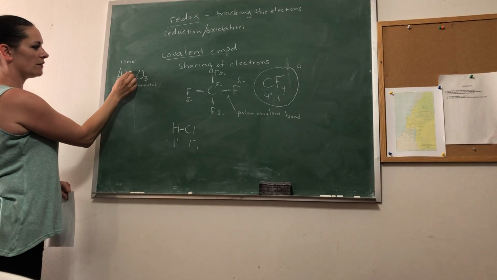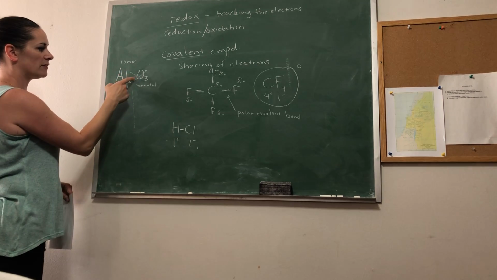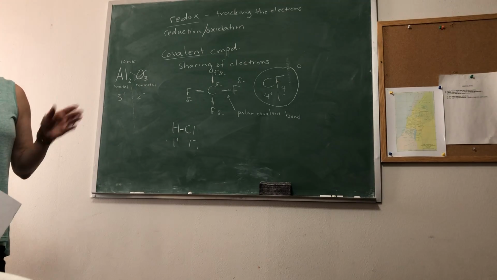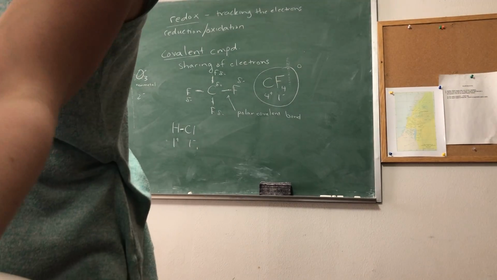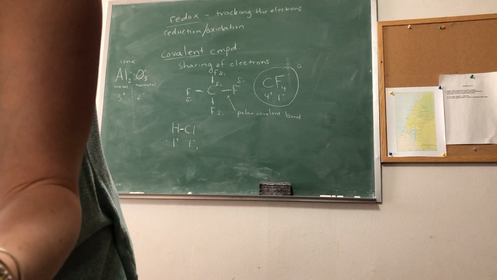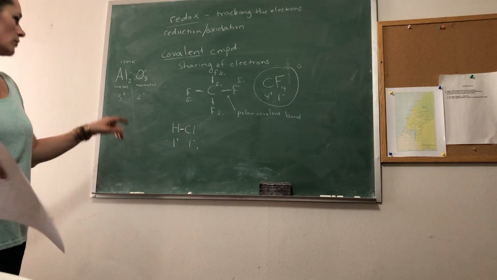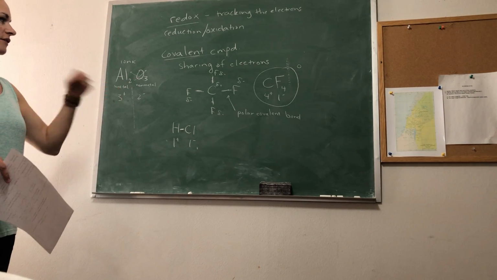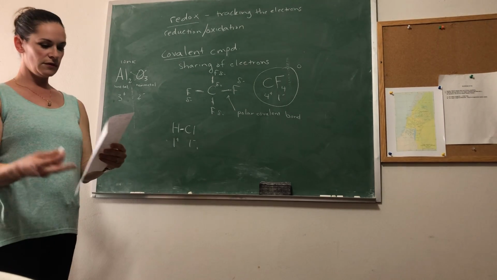And we can do that little switcheroo. So we know the aluminum is going to be 3+, and the oxygen is going to be 2-. We can look at the periodic table for that too. Aluminum's in group 3A, and oxygen is in group 6A. So group 3A, we know it's going to give up 3 electrons, and then oxygen is in group 6A, it wants to receive 2 electrons. Okay?